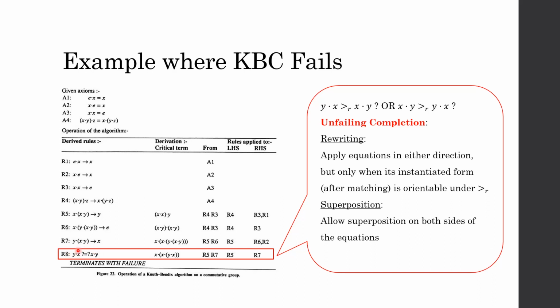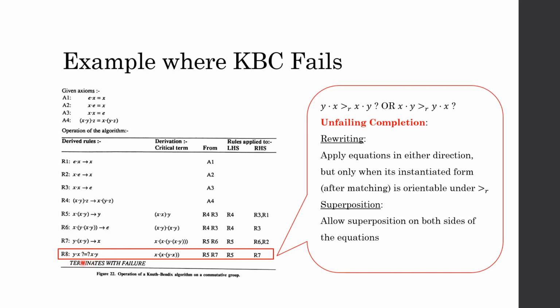But with a certain condition: only when its instantiated form after matching is orientable under the ordering. This means that after using left to right or right to left, the next step must be able to be oriented by the ordering that we have defined. This prevents it from looping, for example writing left to right, right to left, forever in this loop.